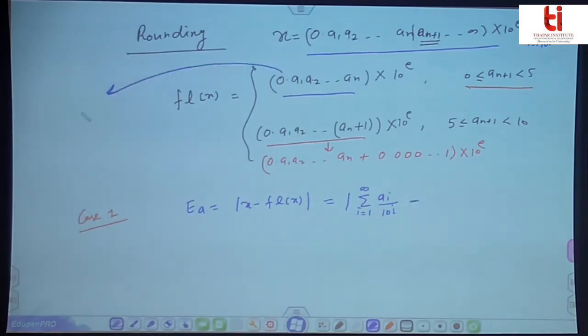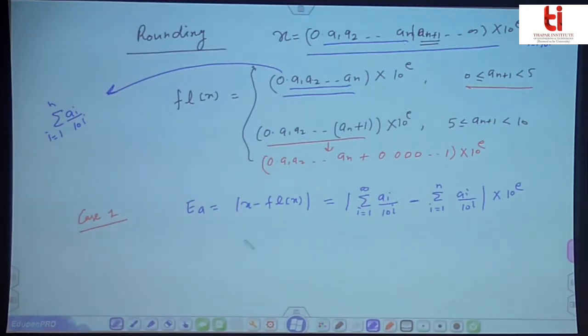This number can be written as summation i equal to 1 to n ai upon 10 raised to power i, into 10 raised to power e. So these first n terms are similar to the first n terms of x. So the n terms of floating of x are equivalent to the first n terms of x.